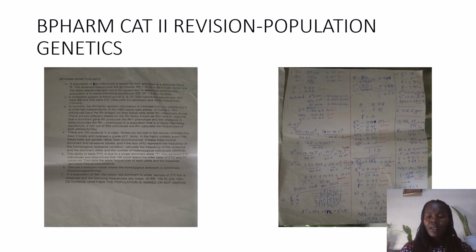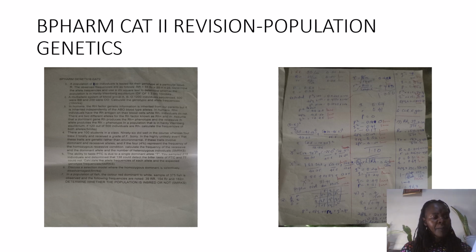But then, the law of Hardy-Weinberg says that the allele frequencies should total to 1. So you get 1 minus the Q for you to get P. 1 minus 0.49 gives us 0.51, and P will be 0.51. So the allele frequencies: Q is 0.49 and P is 0.51.